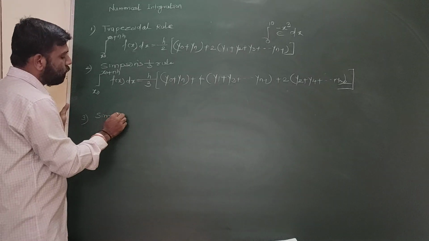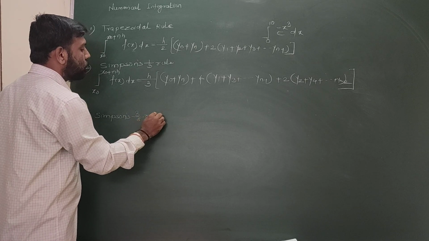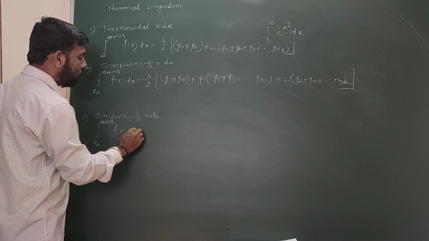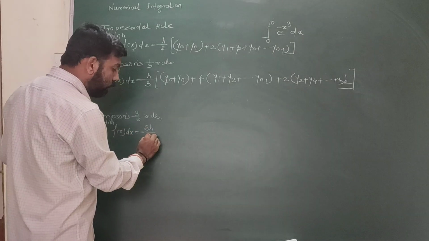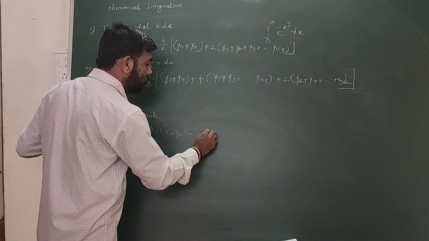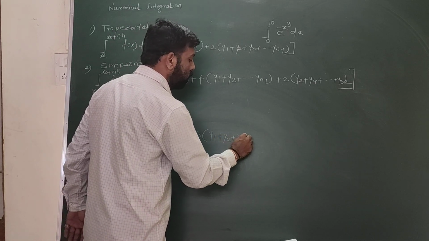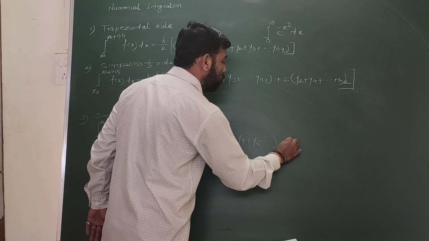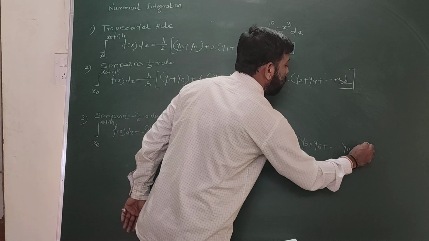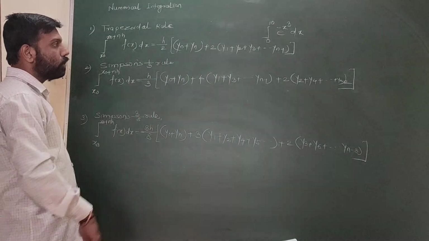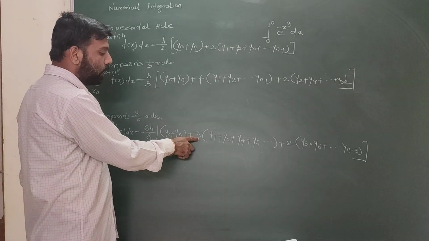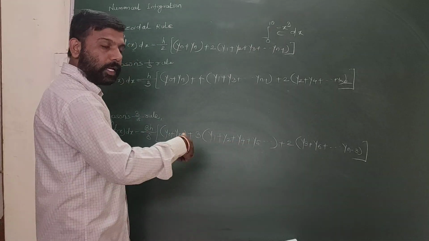Next, Simpson 3/8 rule. Again, the integral from x0 to x0 plus nh of f of x dx is 3h upon 8 times y0 plus yn, plus 3 times y1, y2, y4, y5, and so on, next y7, y8, plus 2 times y3, y6, and so on.